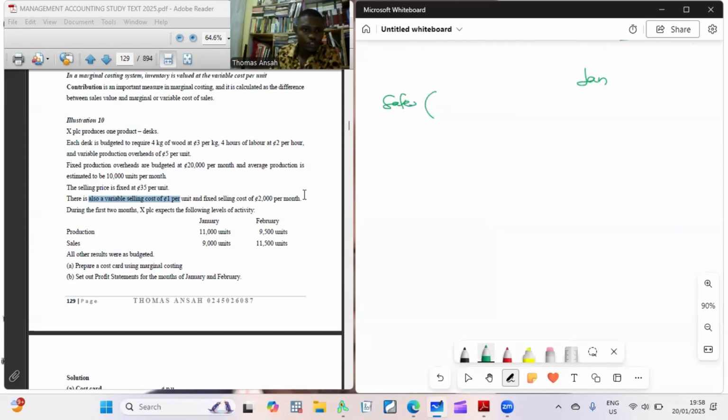The sales in January, they did 9,000 units, multiplied by, what was the price again? The same 35. I've forgotten the value we had. So 315,000. Yeah, 315,000. Was it 315,000 solid or 500 was added? Just the 300. 500 is for the other one.